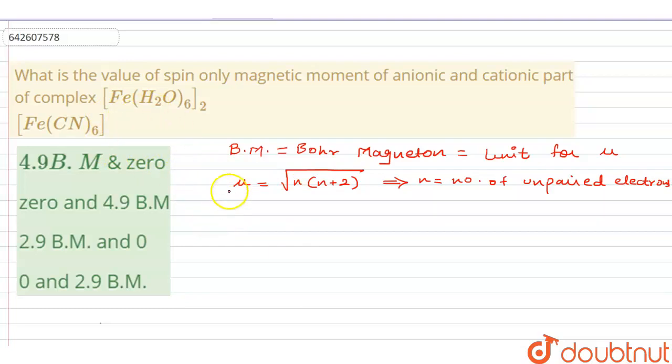Now we have to calculate mu for the cationic and the anionic part of this whole complex.